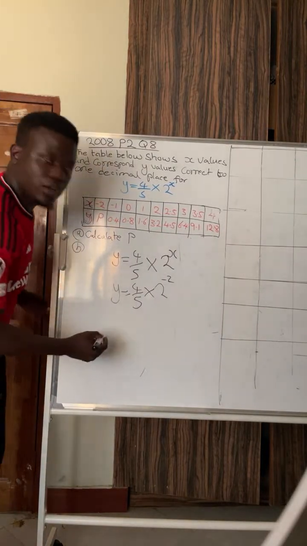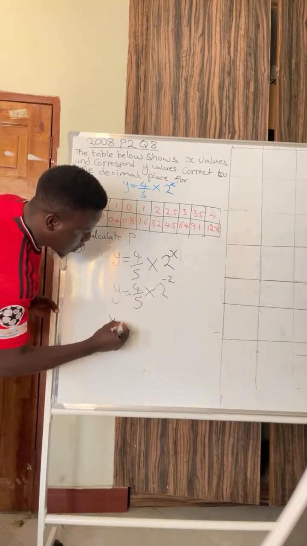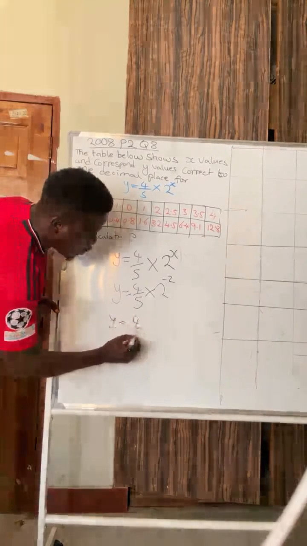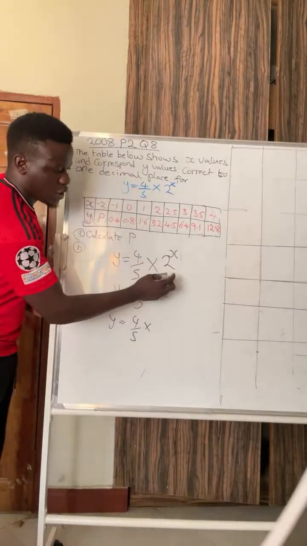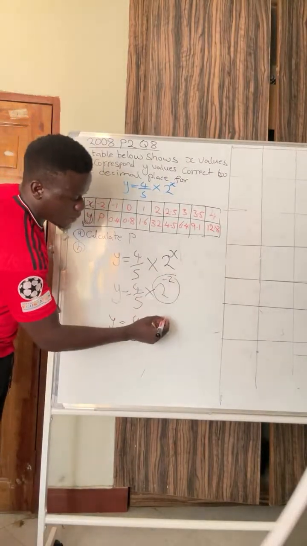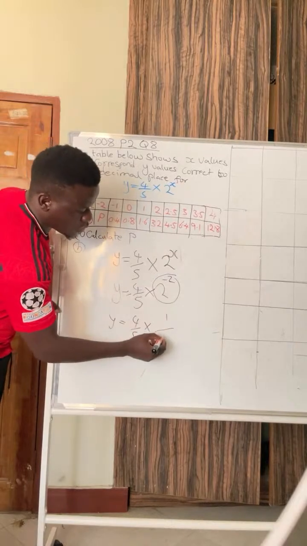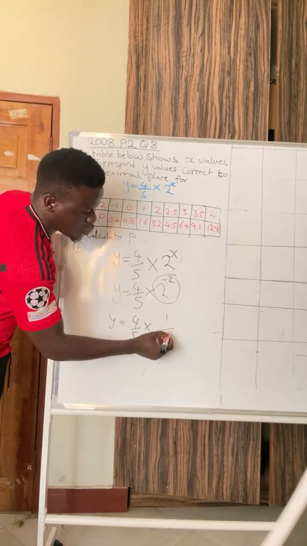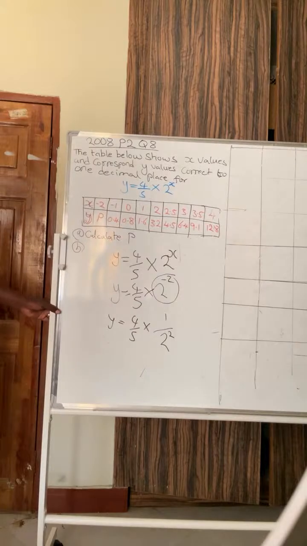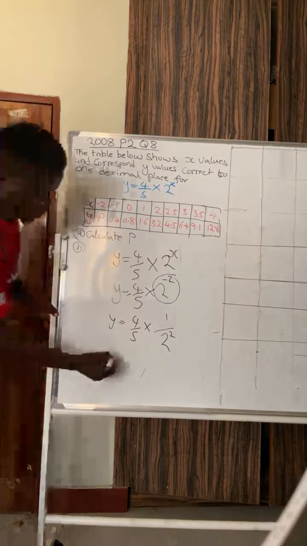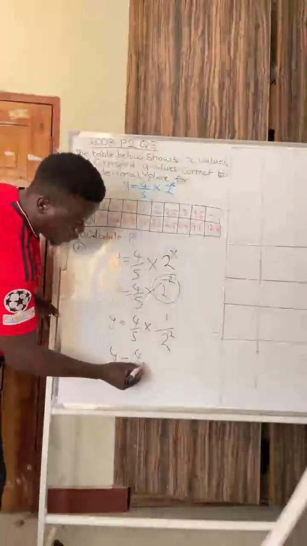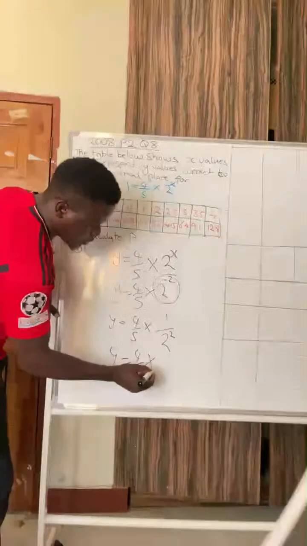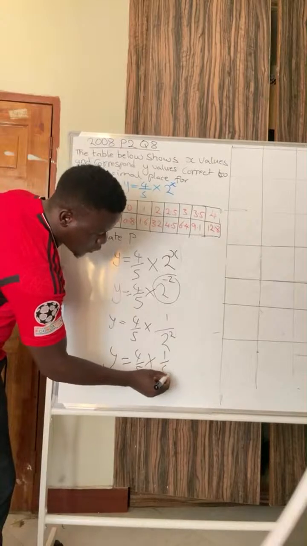So y is equal to 4/5 times 1/2 to the power 2, which is equal to y is equal to 4/5 times 1/4.